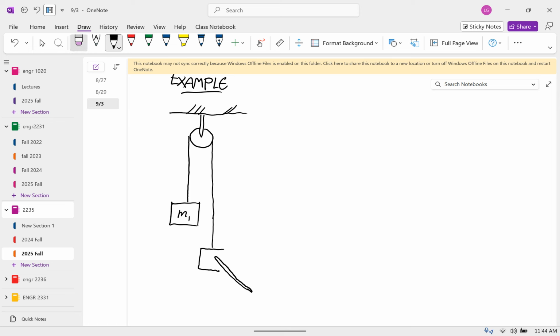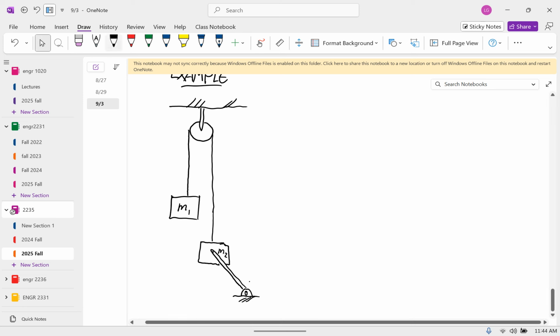Let's say this is connected to the ground by a slender rod. So I want to draw free body diagrams of both of these masses.